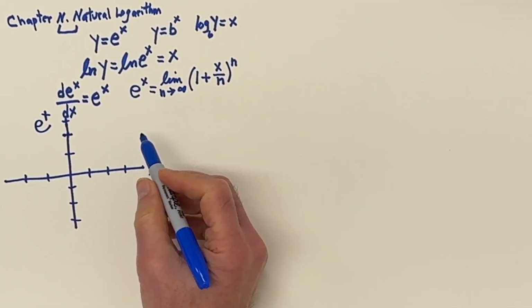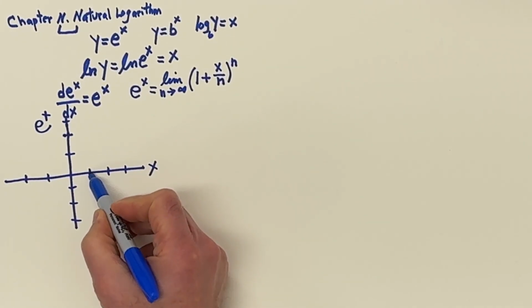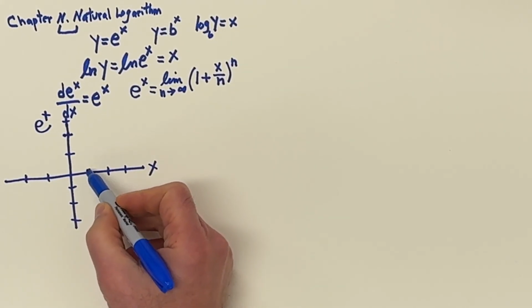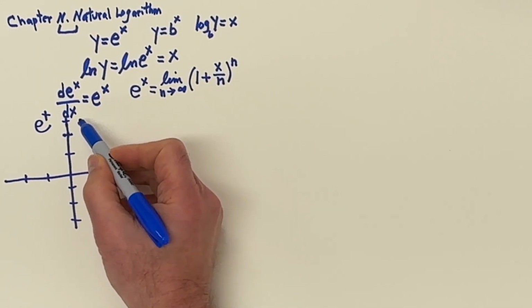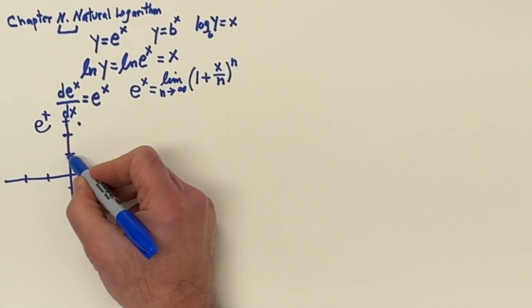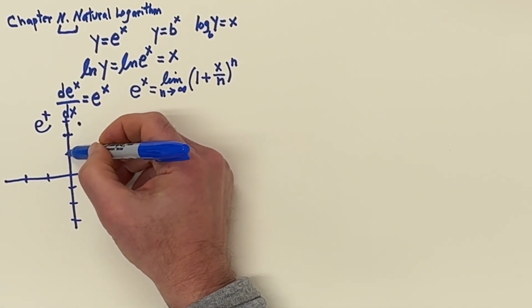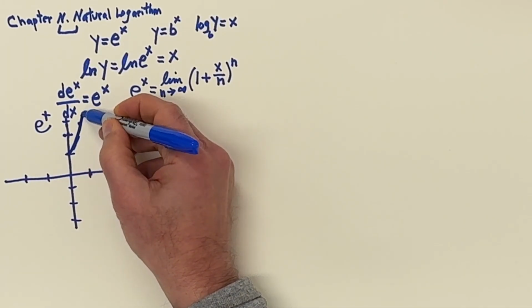When we have x equal to 1, we would have e. And e is 2.7, so e is up here somewhere. When x is 0, you have 1. So it's going to go up like this.